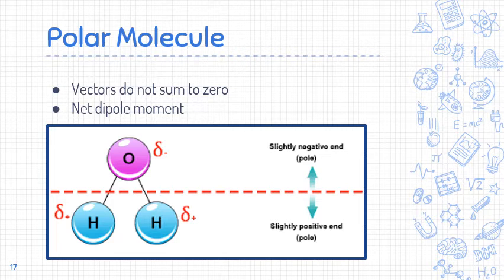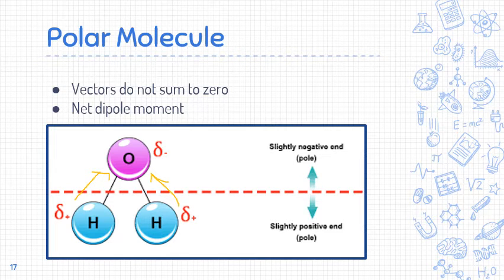A great example of a polar molecule is water, and that's what we've got shown here below, H2O. In this, oxygen is more electronegative, so oxygen is going to want the electrons. If we were to draw a dipole, it's going to point toward oxygen. We'll have two dipoles, one from each hydrogen to oxygen.